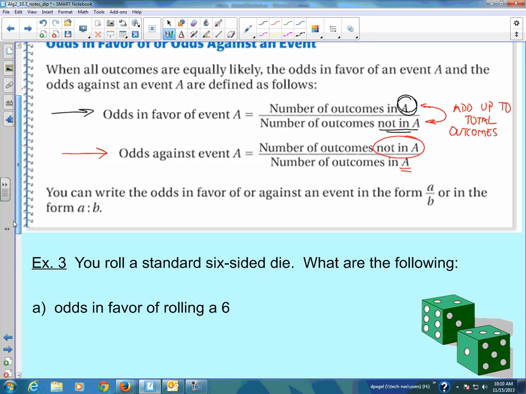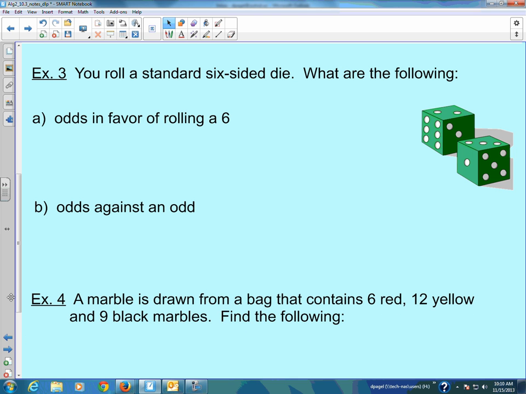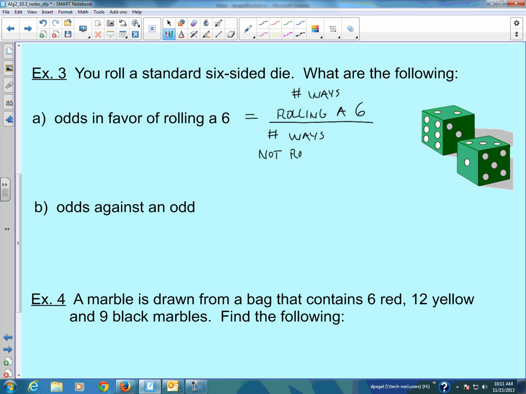All right, let's go check out some of the odds in here. So we have a six-sided standard die, which basically is a cube. Right, we're familiar with this. What are the following odds of these events happening? Well, the odds in favor of rolling a 6 are going to be equivalent to the number of ways that I can roll a 6, divided by the number of ways of not rolling a 6.